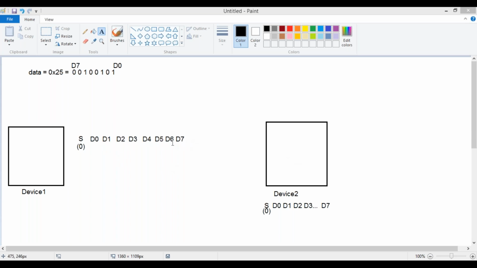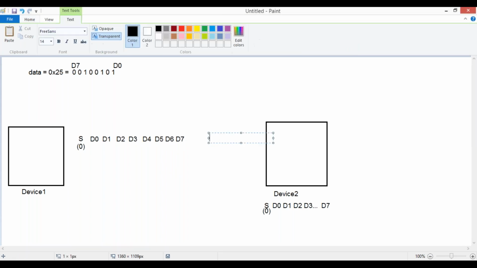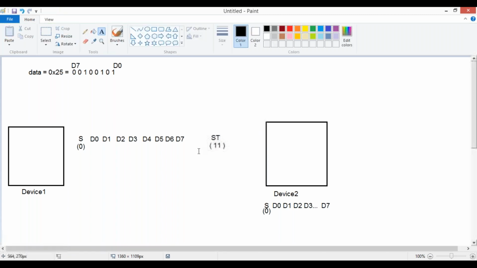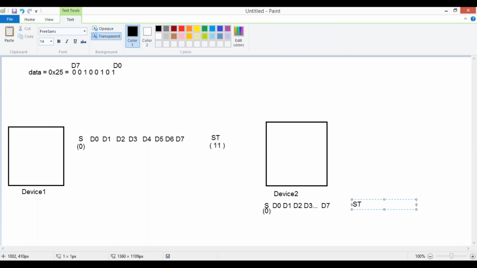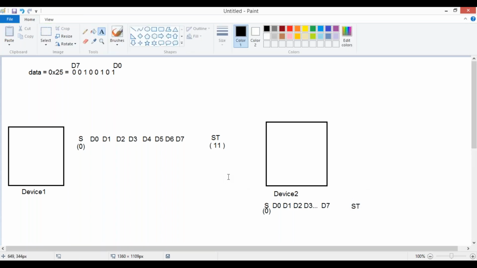So once it has transmitted the data, it will send the stop bit. Actually stop bits are 2 bits, which are nothing but 1. It will generate two stop bits continuously, 1 1. As soon as the receiver receives the stop bit, it will understand, okay, I got the complete data from device 1.